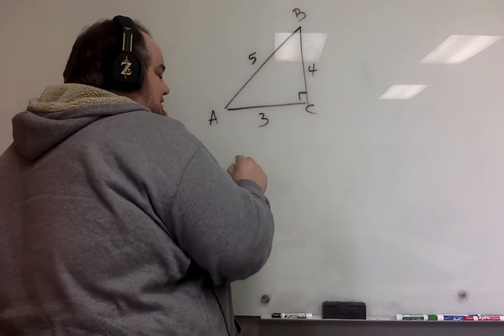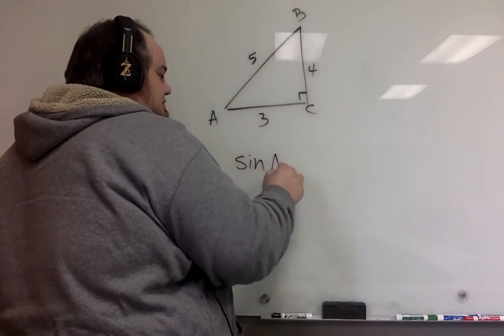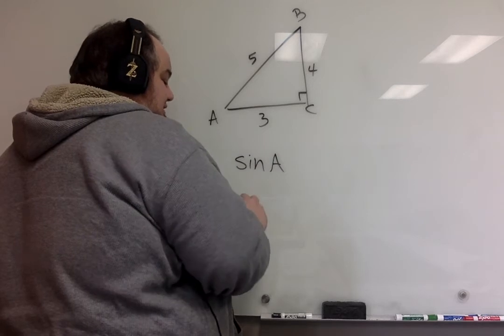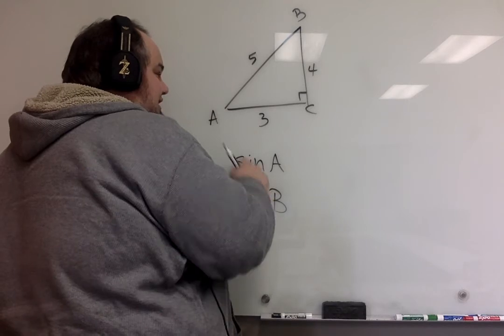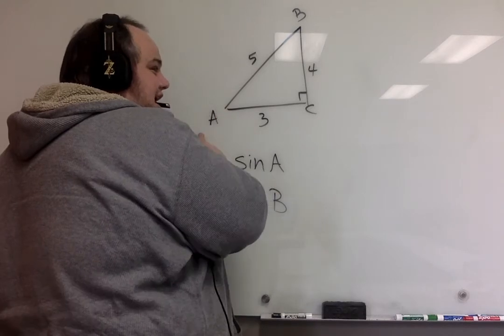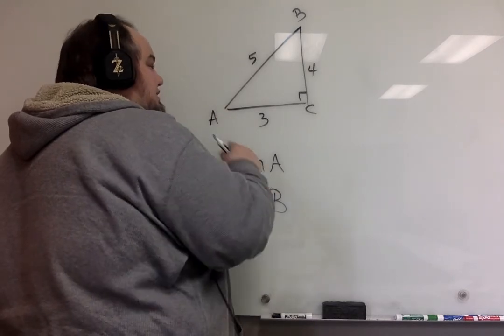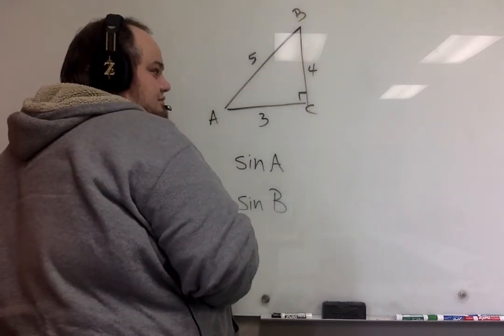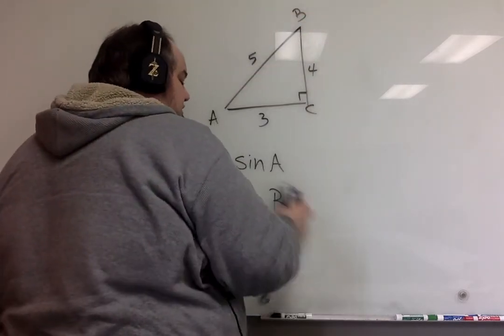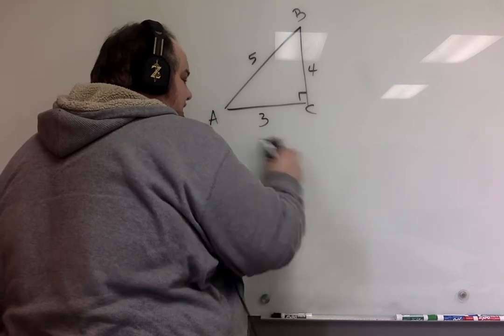For example, we might say sine of A. So sine of A, but sine of B is different. Sine of A says in reference to angle A, sine of B means sine in reference to angle B. So let's take a look at how we find sine.